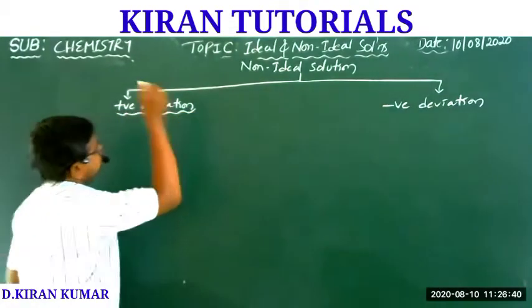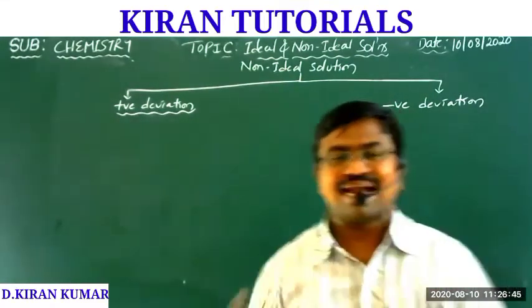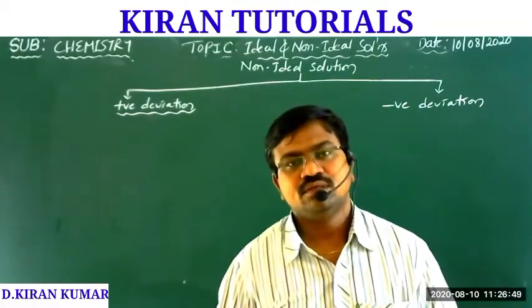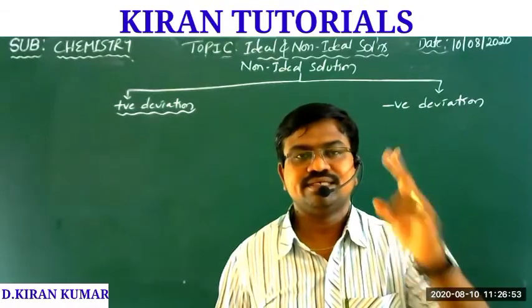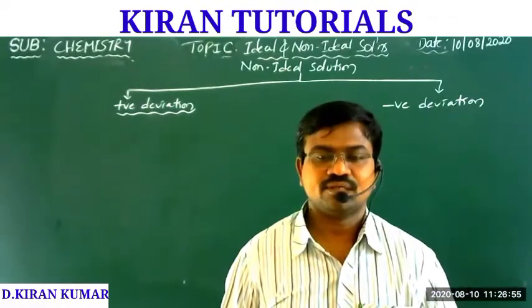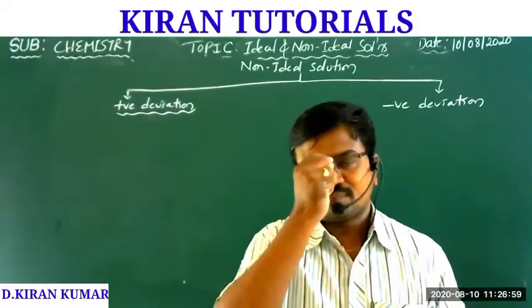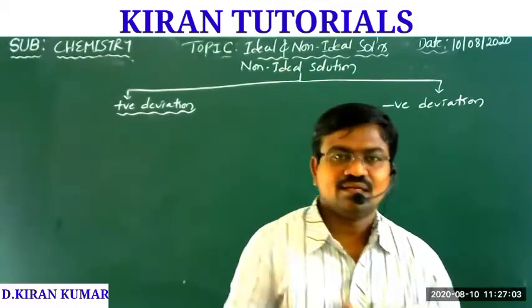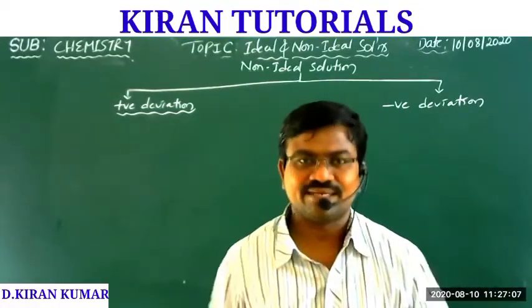positive deviation. So what is positive deviation? It is a binary system, a binary solution. What is a binary solution? Only two components are present. Then it is called a binary solution. Clear? Same example I am taking, A and B. Liquid A, liquid B. One acts as a solute, another acts as a solvent.